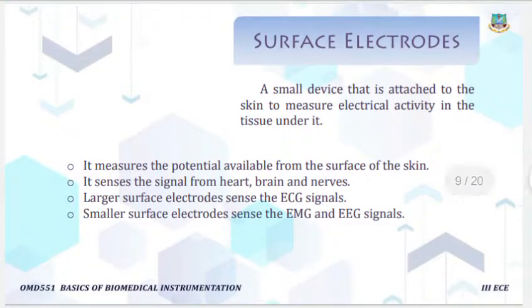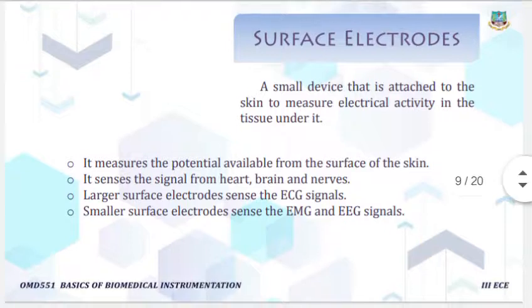Next one, surface electrode. Surface electrodes are placed on the surface of the skin in order to measure bioelectric potential. That is, it is a small device that is attached to the skin to measure the electrical activity in the tissue under it. It measures the potential available from the surface of the skin.